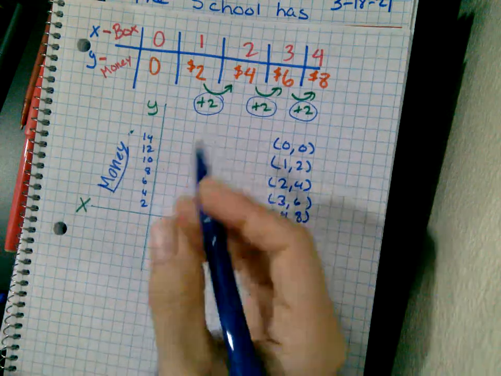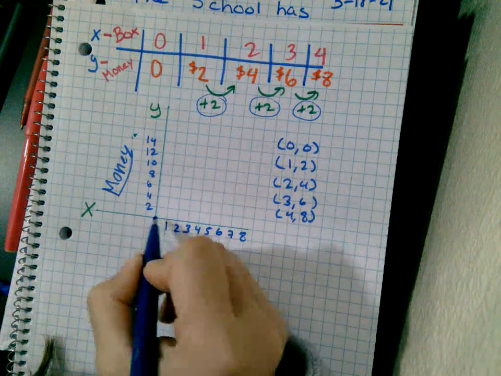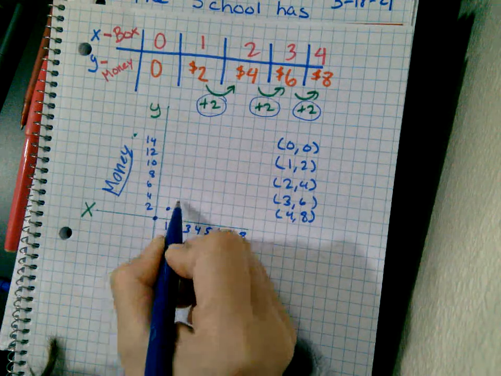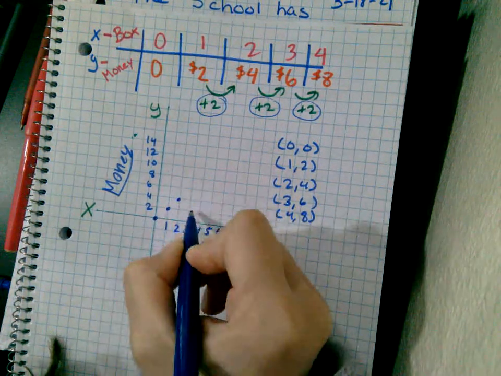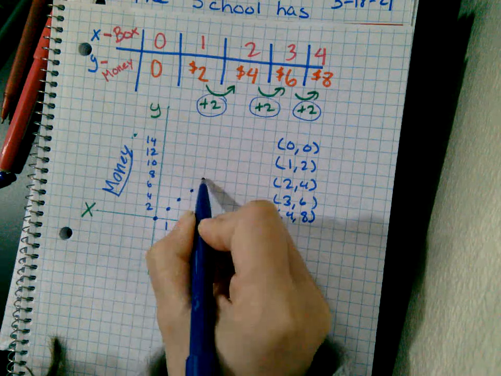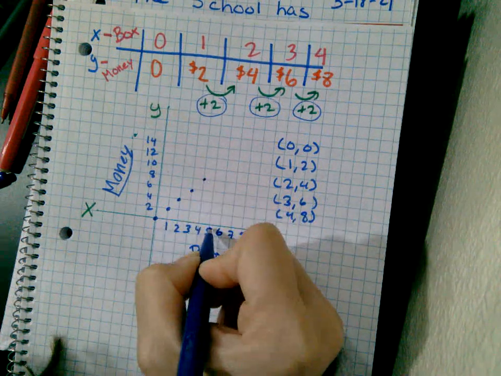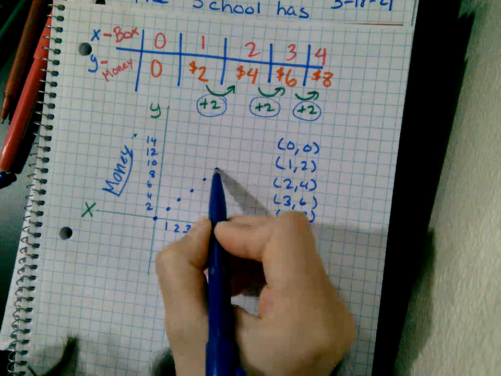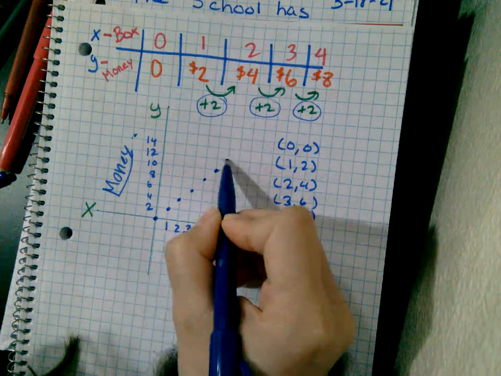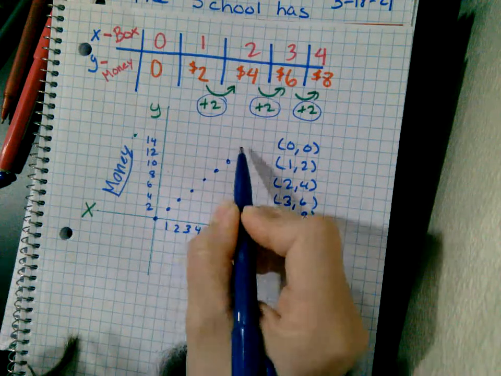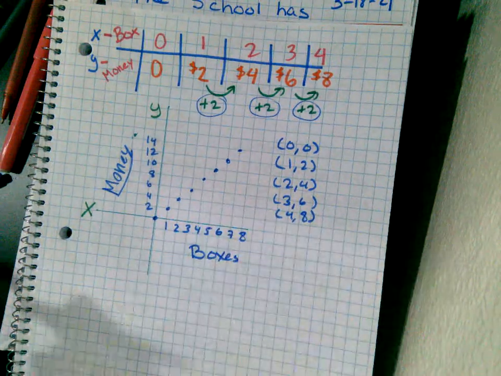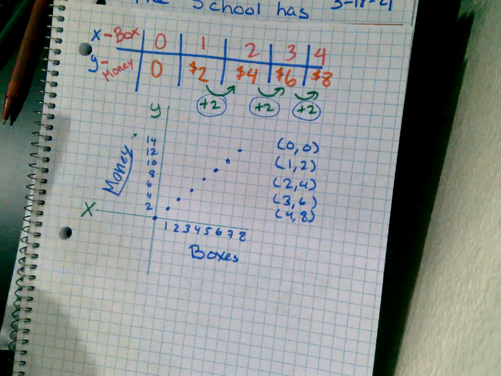All right, so then we graph them. 0, 0, 1, 2, 2, 4, 3, 6, 4, 8. 5's not even on my list, but I can do it. 5, 10, 6, 12, 7, 14. I can go on forever and ever.